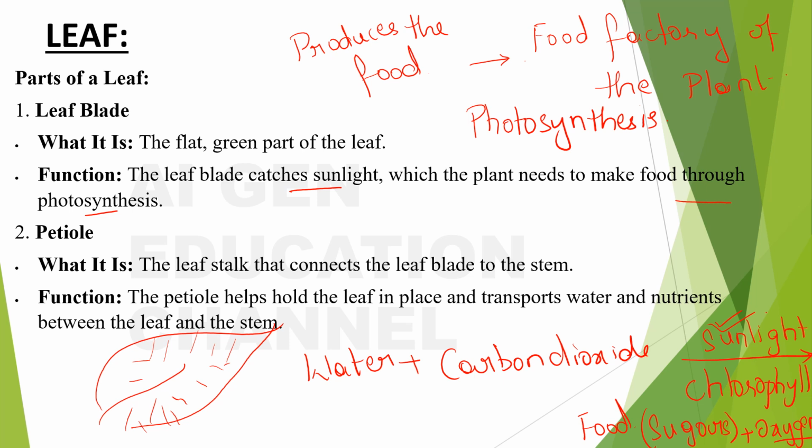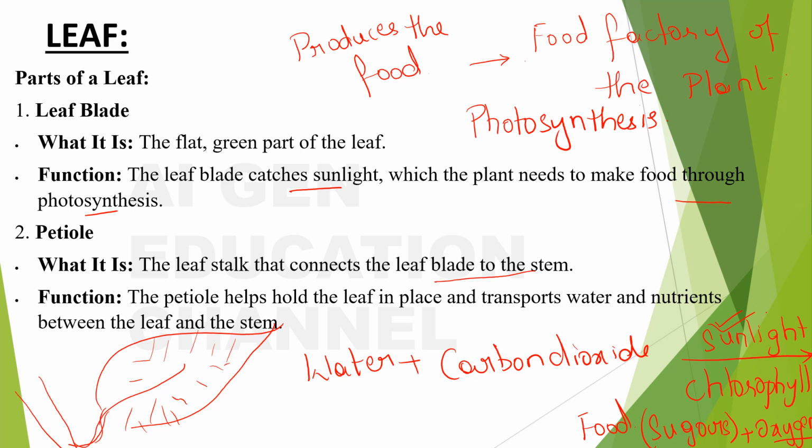How about the petiole? Petiole is the leaf stalk that connects the leaf blade to the stem. This is the petiole. Here there is the stem. The petiole helps hold the leaf in place and transports water and nutrients between the leaf and stem.